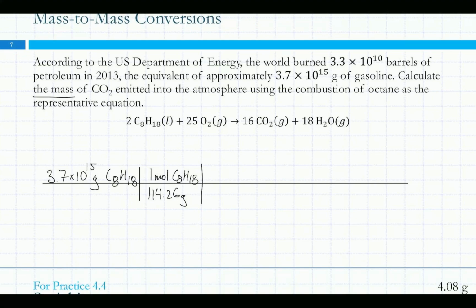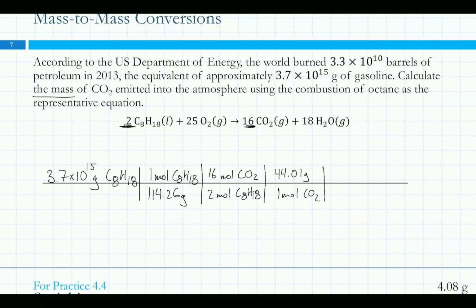Okay, and then what's the mole ratio from octane to CO2? To 16. So if you don't have a balanced chemical equation, then you need to get one or figure one out before you can do this. And then we got to go to CO2. I'm only writing the CO2 and the octane on one side of it, but it applies to both.